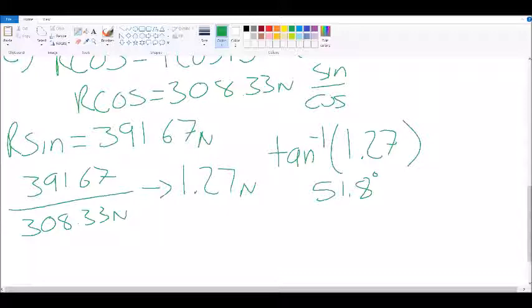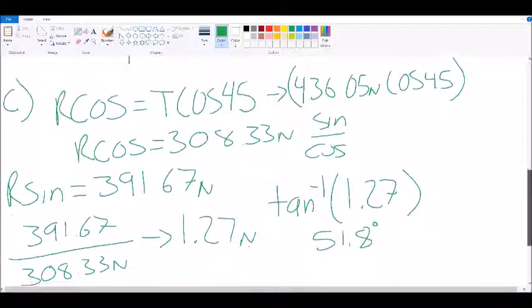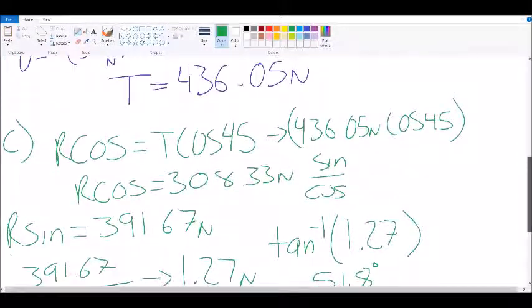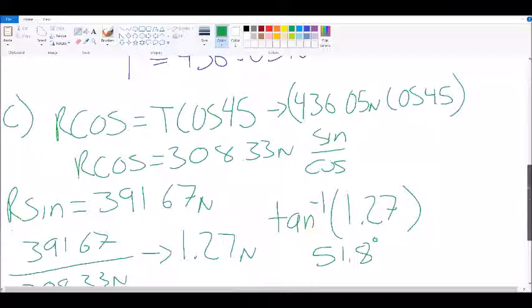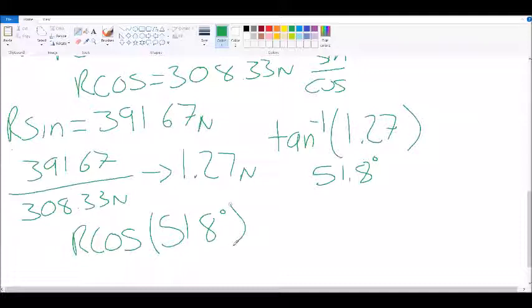So this is the degrees that we're going to have to plug into the equation in order to find what R is. So I'm just going to plug it into the cosine because I showed the work for it, so that's the one that we're going to be using. So I'm going to do R cosine, and we're going to plug in the degrees, which is 51.8 degrees. And we're going to make that equal to 308 because that's the number that we got up here.